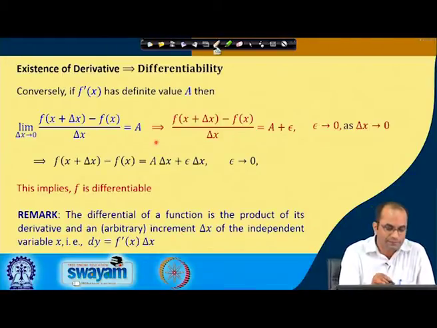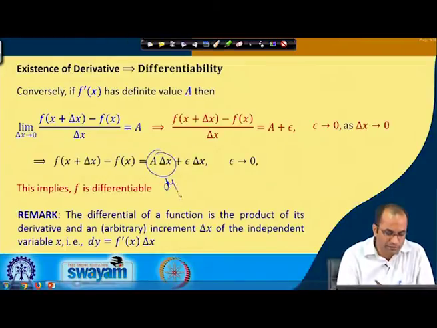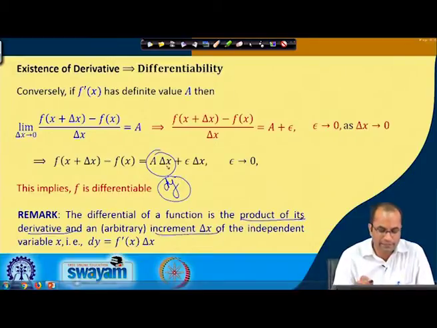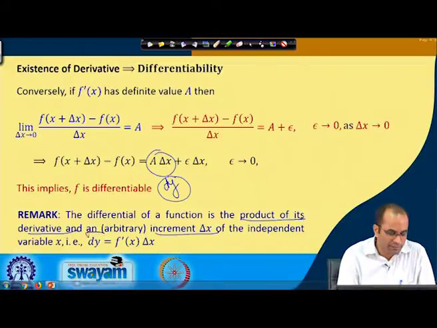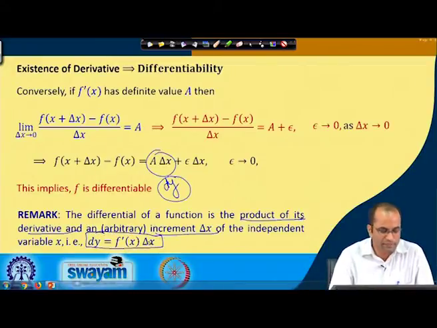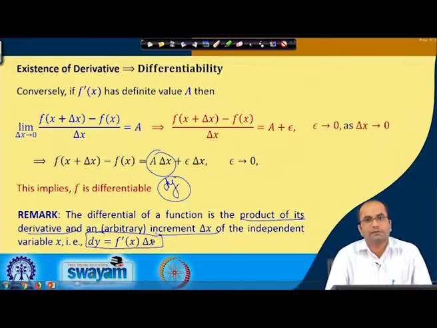So dy, which is called the differential, is the product of its derivative and the increment delta x of the independent variable, or simply dy is f prime(x) times delta x. What else have we learned? Having the derivative and having differentiability are basically the same concept when we are talking about a function of one variable.